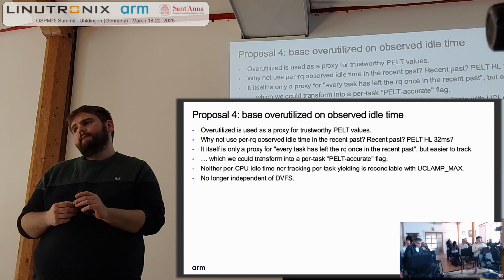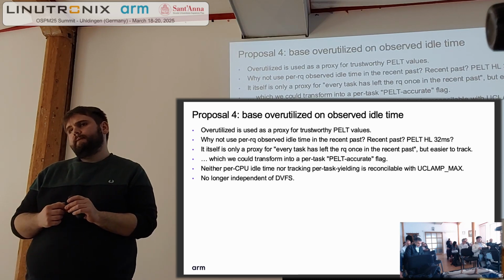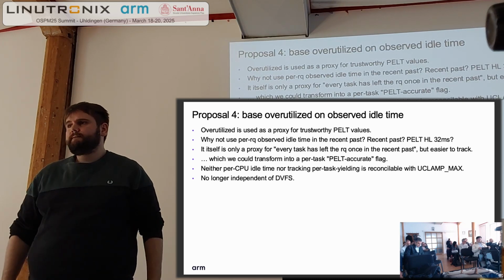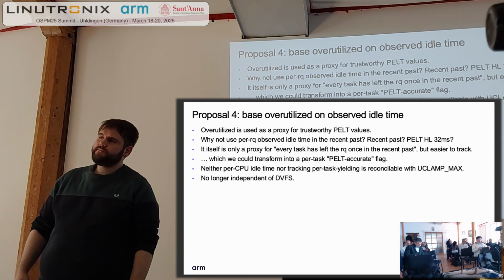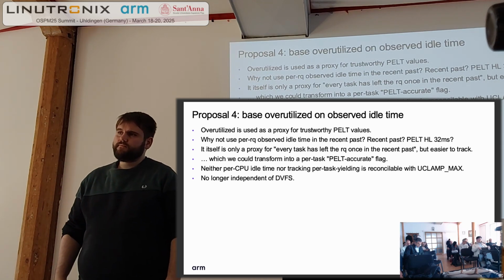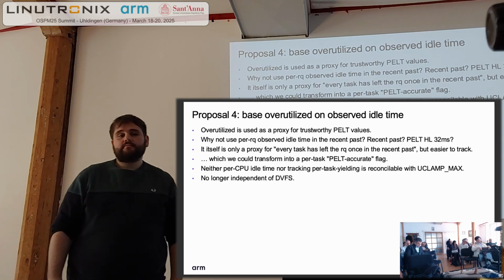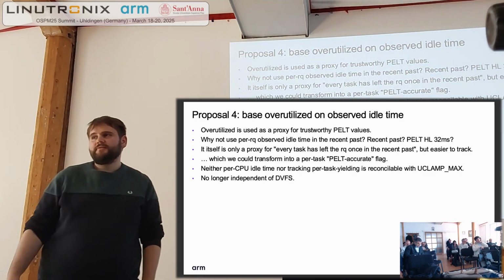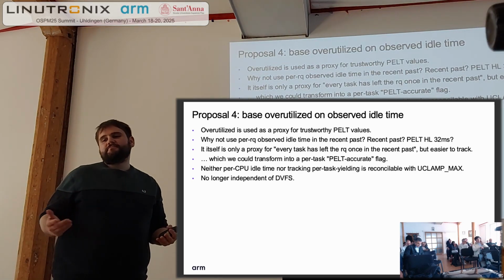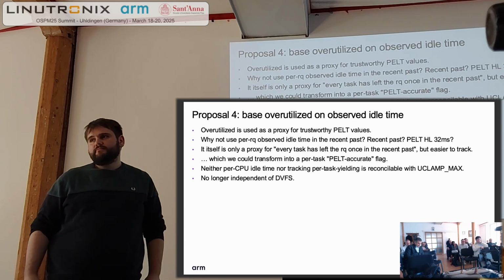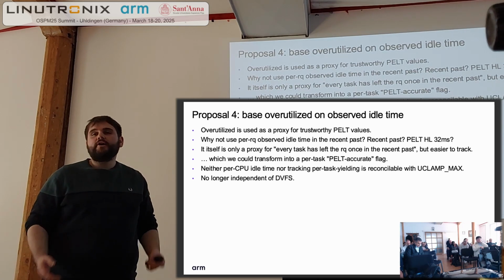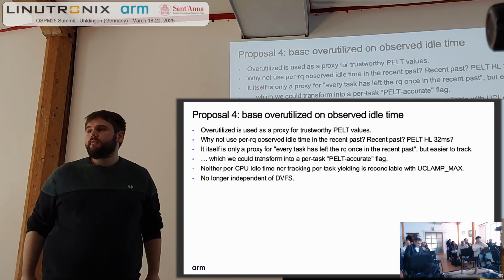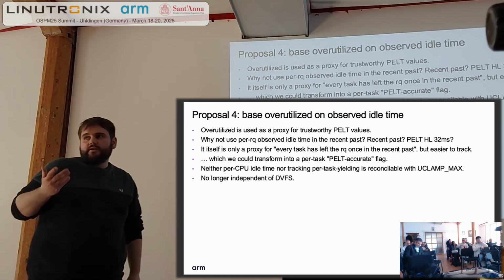If you can't, in this case, you are overutilized because there is no good place. And then we need to find a way to say, okay, we are no more overutilized, which is another thing. You're still taking the risk of having inaccurate PELT values, which is, I don't know how liberal we can be here. I don't know, it's up for discussion, I guess.